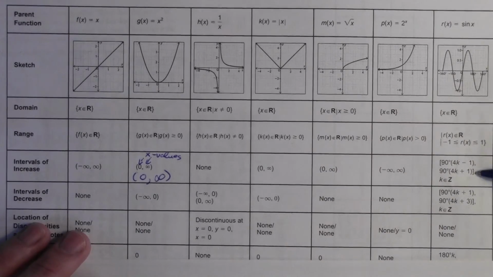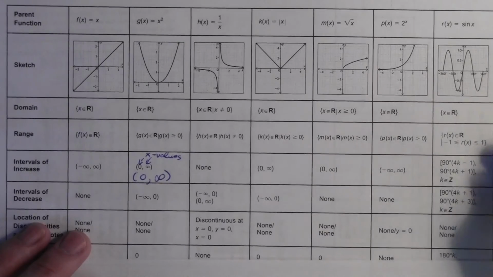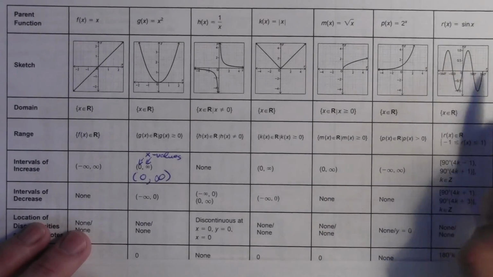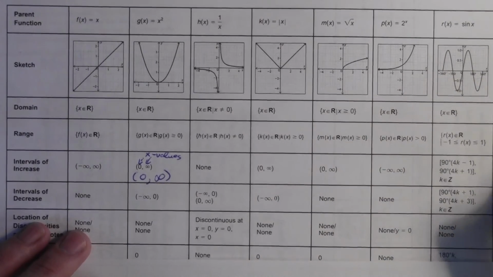If you don't understand this or don't want to write it this way, you can just write it out. The intervals between negative 360 and 360, and then put a dot dot dot.